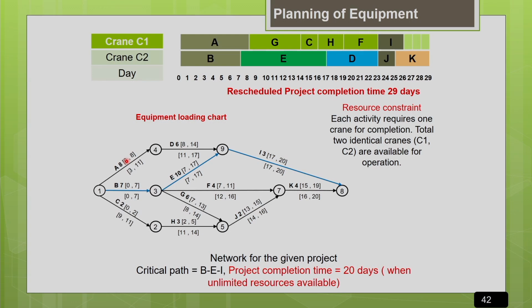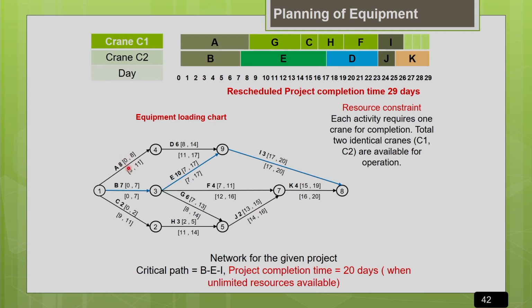Earliest start time means how early an activity can be started, and latest start time means how much an activity can be delayed without affecting the project completion time. So for activity A, its start can be delayed by 3 days without affecting your project completion time. So it has a float of 3 days.